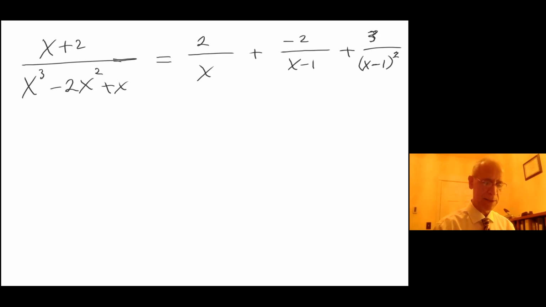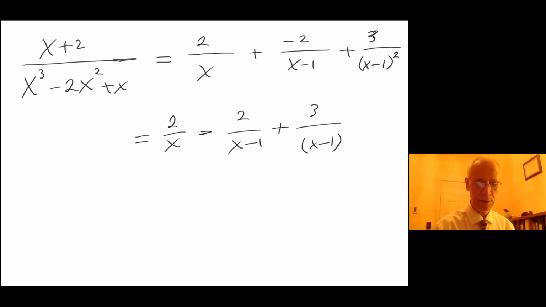And this is the same as saying 2 over x minus 2 over x minus 1 plus 3 over x minus 1 to the second power. Okay, so notice that since the denominator had linear factors, but we had repeated factors, we couldn't use that cover-up method. All right. I'll do the third case in the next video. Thanks.